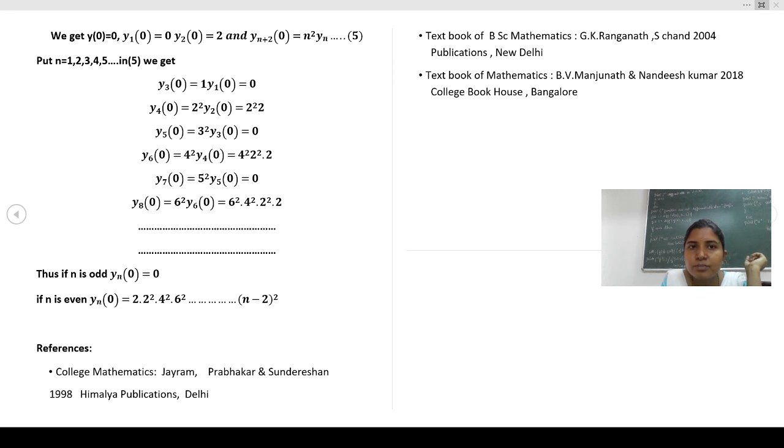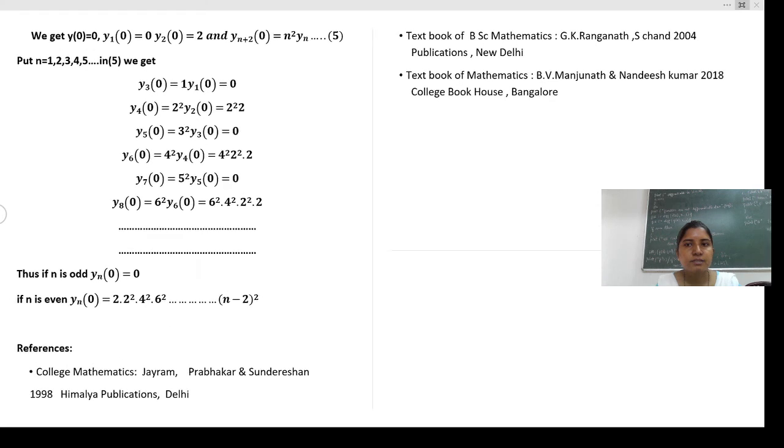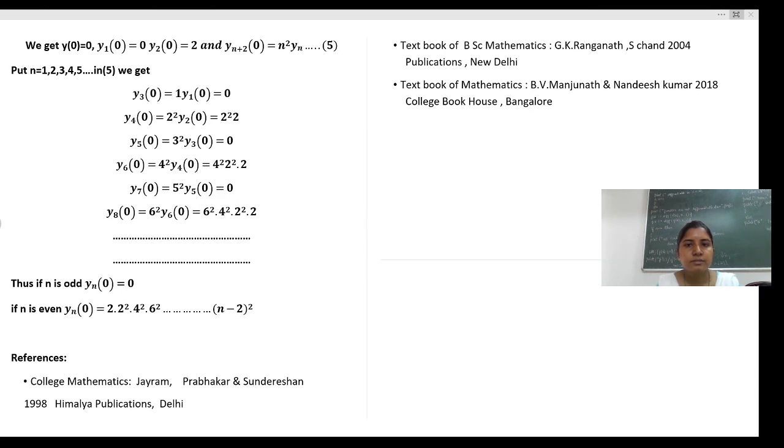For the sixth term, 6 minus 2 is 4. In the same way, for the nth term, we have (n - 2) whole square. This is the solution we have to get for the nth derivative of the given function, sine inverse of x whole square, at the point 0. The references are these two references. Thank you.